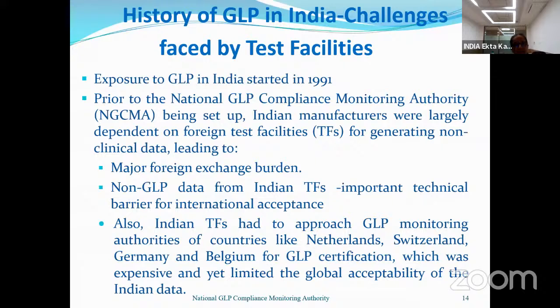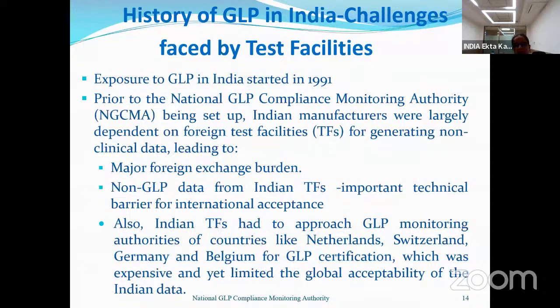Taking you through the history of GLP in India, the exposure to GLP in India started way back in 1991. At that time, there was no NGCMA, GLP Compliance Monitoring Authority of the Government of India. The Indian manufacturers were forced to depend on foreign test facilities for generating non-clinical data, which led to a major foreign exchange burden.